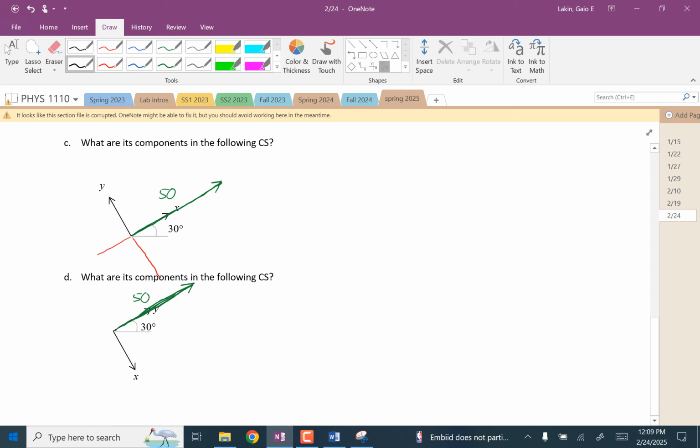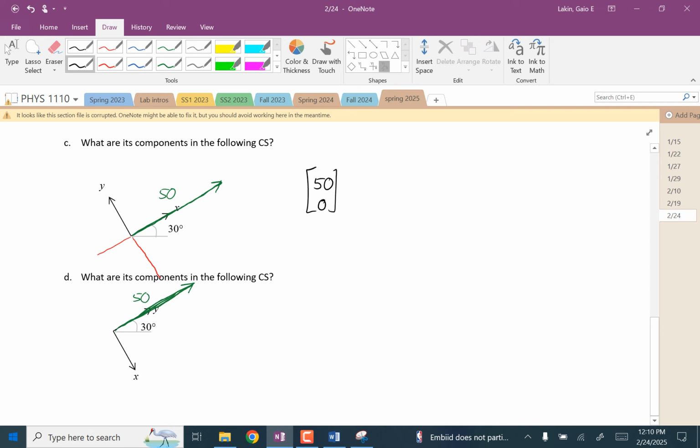So when that vector is along any one of those four positive or negative coordinate axes, you can just say the length of the vector in that direction, along that axis, and 0 for the other one. So in this case, that's 50 in the positive x and 0 for y. So you can just look at this and say 50, 0.